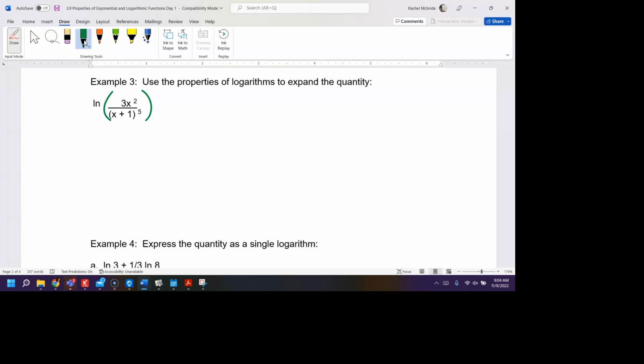So it's helpful to know how to expand a natural log because it allows me to avoid a chain rule or a quotient rule. So the natural log of all of that can be rewritten as the natural log of the top minus the natural log of the bottom.